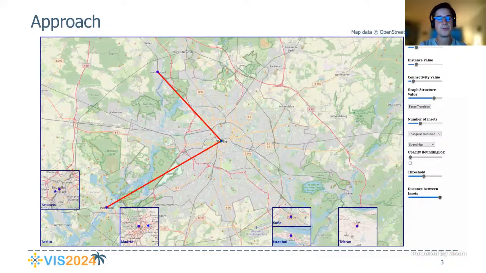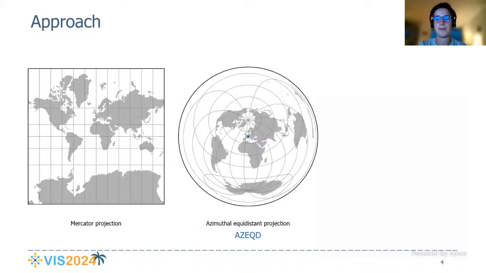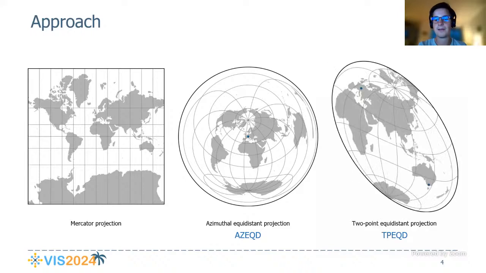In our first prototype, we used Mercator projection for its familiarity and its ease of implementation. However, for a zoom and pan transition between two geographical locations, other projections might be more suitable. In particular, we consider azimuthal equidistant projection, which preserves distances from one chosen location, and two-point equidistant projection, which preserves distances from two chosen locations.